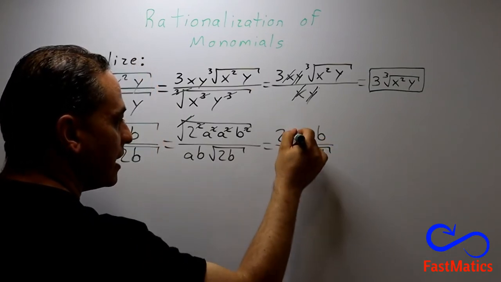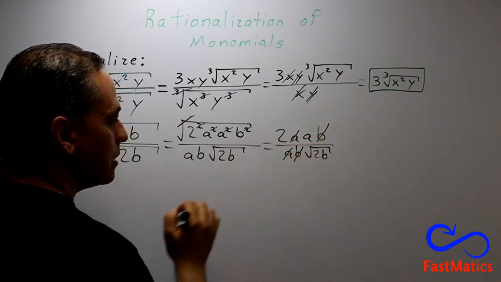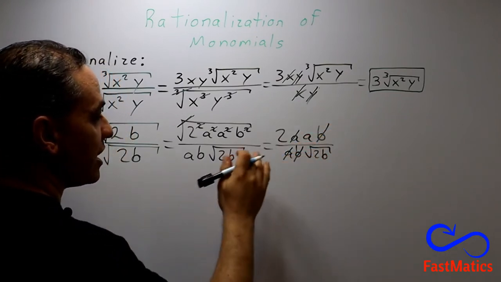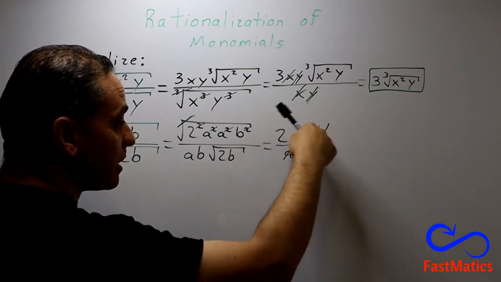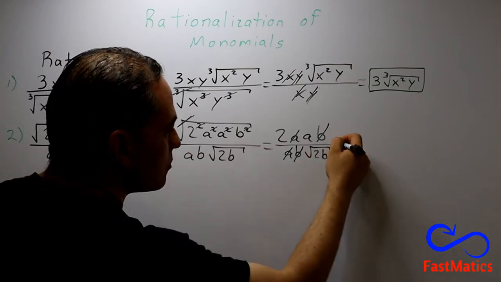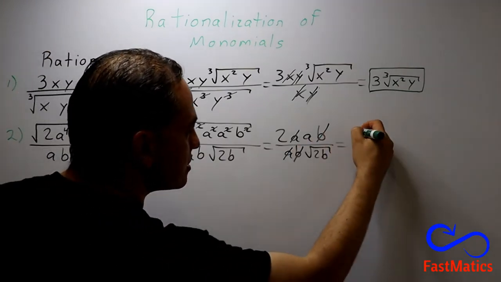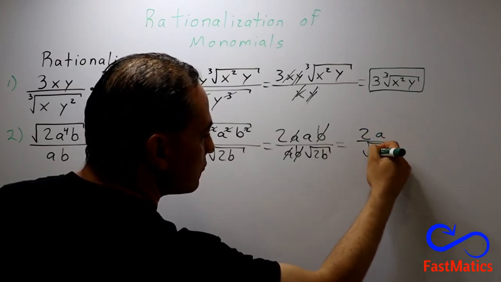Finally, a divided by a, goodbye, b divided by b, goodbye. It is valid only if you have all expressions multiplying by themselves. So the final answer is 2a divided by the square root of 2b.